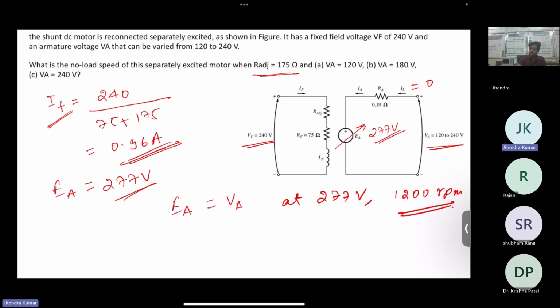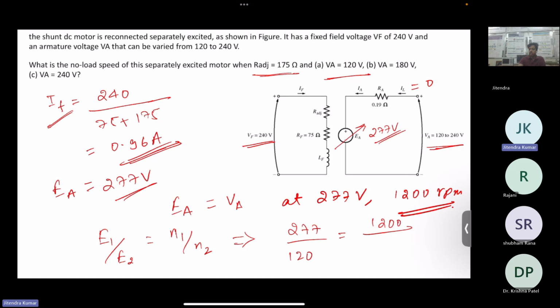Now, for the case of 120 volt, how much will this value be? So E1 by E2 is equal to N1 by N2. E1 was 277, E2 is now 120 volt. The speed corresponding to 277 was 1200 RPM.